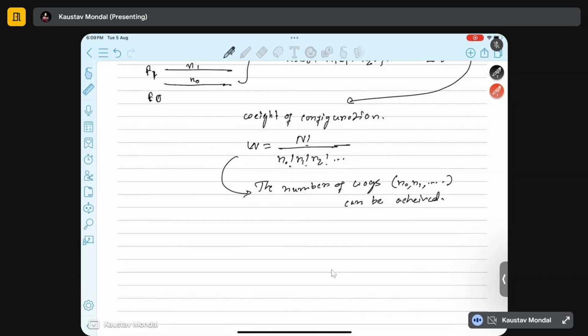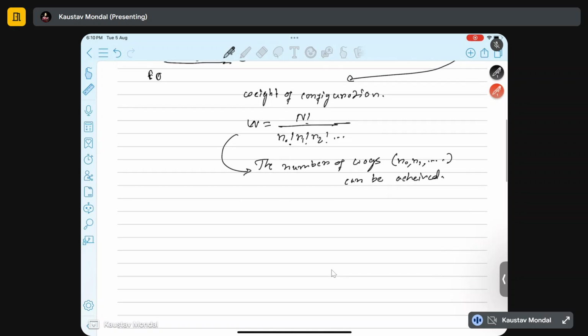Next, our main goal was to find out, since many such configurations are possible, the most probable configuration, because that is the state the system would tend to settle in.